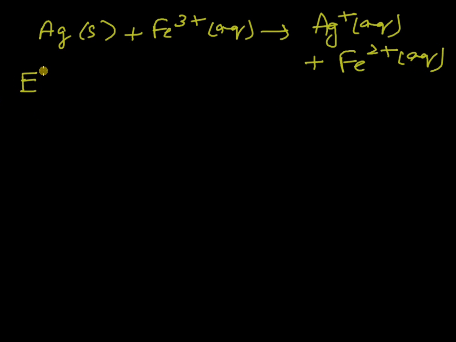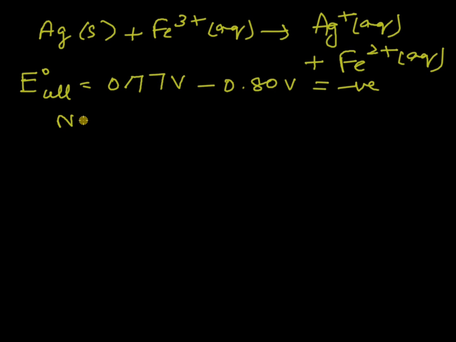E naught cell is equal to, the cathode here is iron, so it is 0.77 volt minus 0.80 volt, which is that of silver electrode, which is negative. Hence this reaction is not feasible. This is the fourth subdivision.